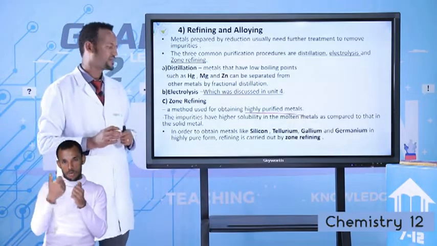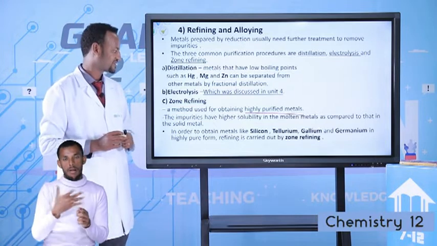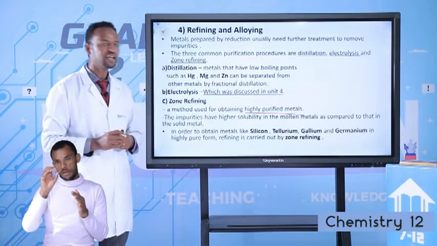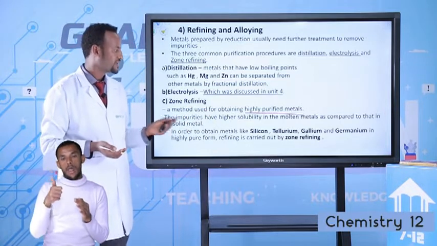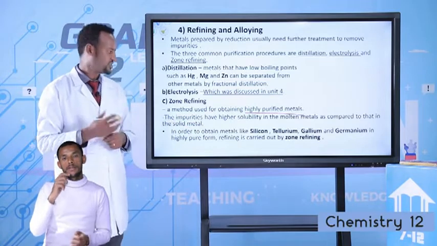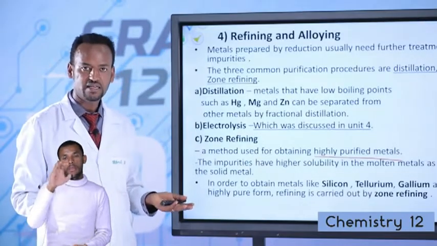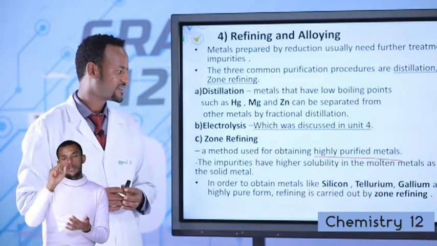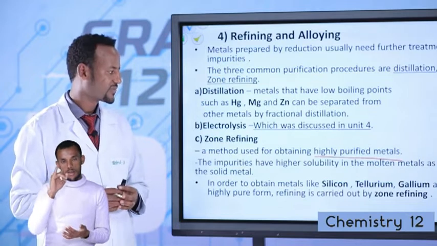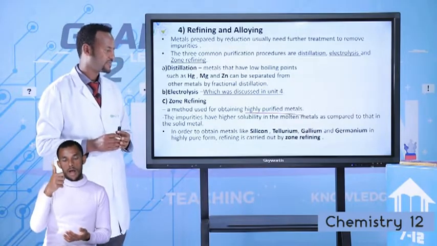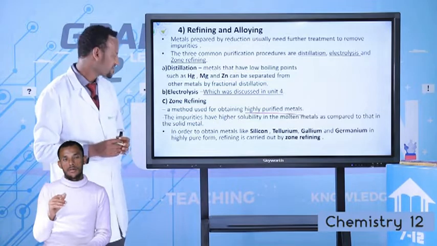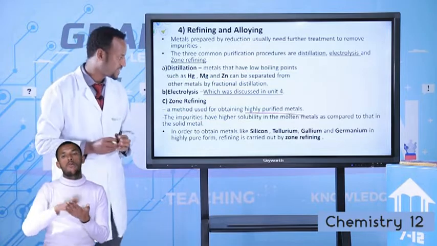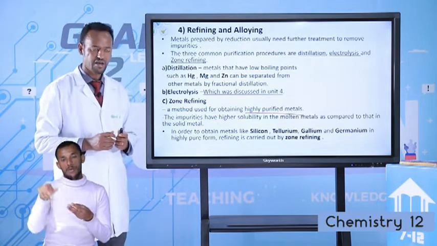In order to obtain metals like silicon, symbol Si, gallium, Ga, germanium, Ge, and tellurium, Te, in highly pure form, refining is carried out by zone refining.